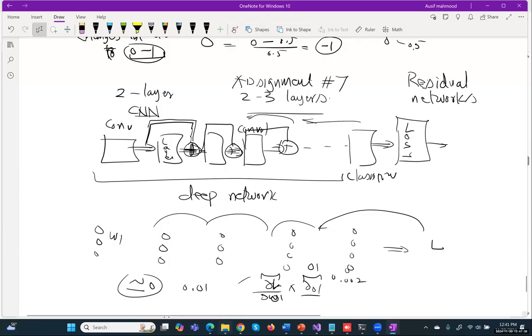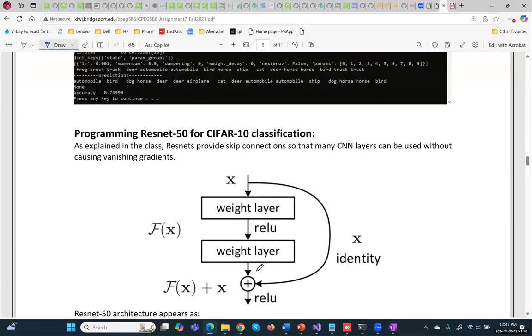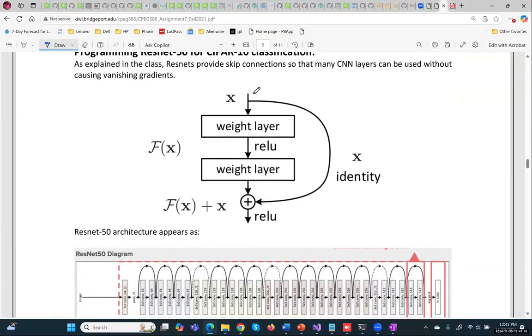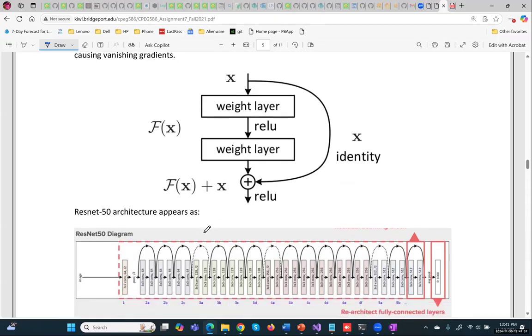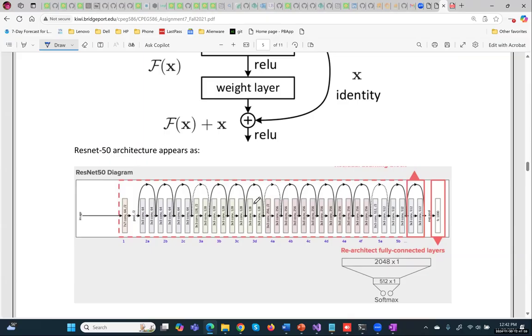So in the last part of the assignment, what we are going to do is use these skip connections. There's a famous residual network architecture. They have many variants, like ResNet 50, ResNet 101, depending upon how many layers there are. So here's the architecture.